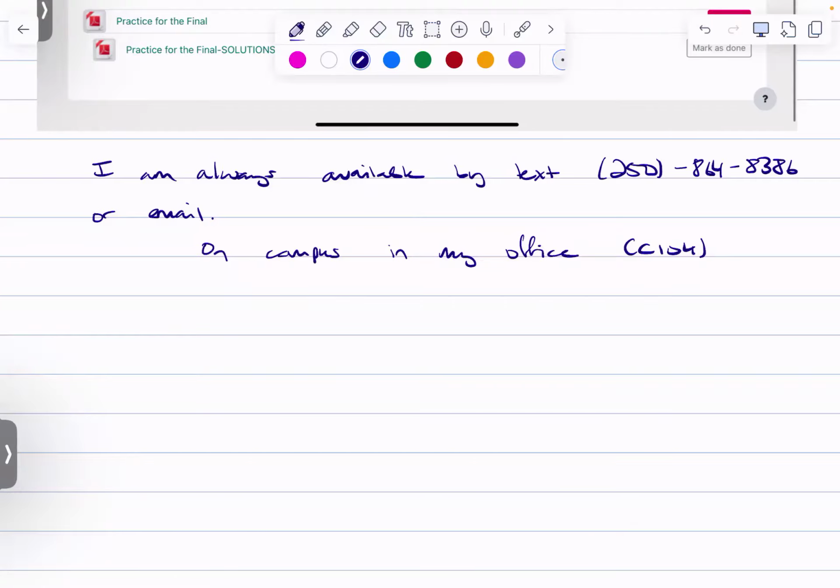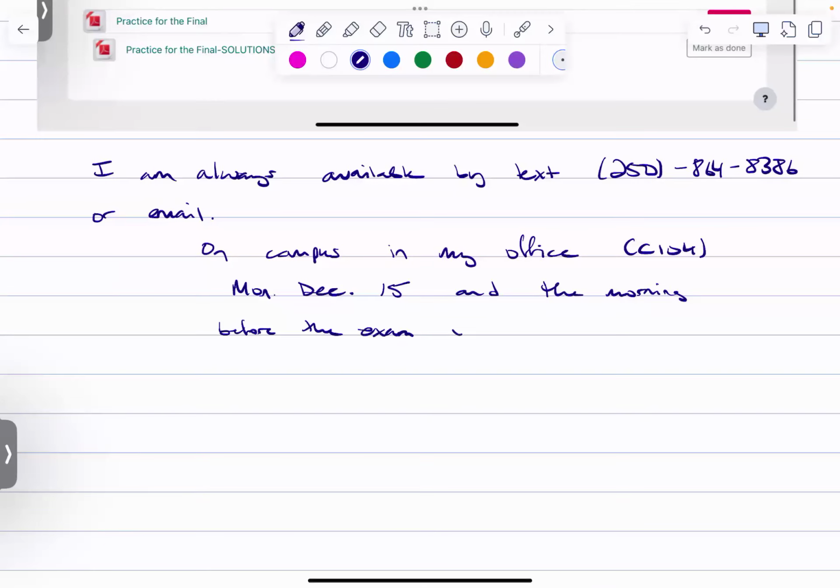So I'll be on campus in my office on Monday, December 15th, and of course the morning leading up to the final exam, and the morning before the exam on December 16th.